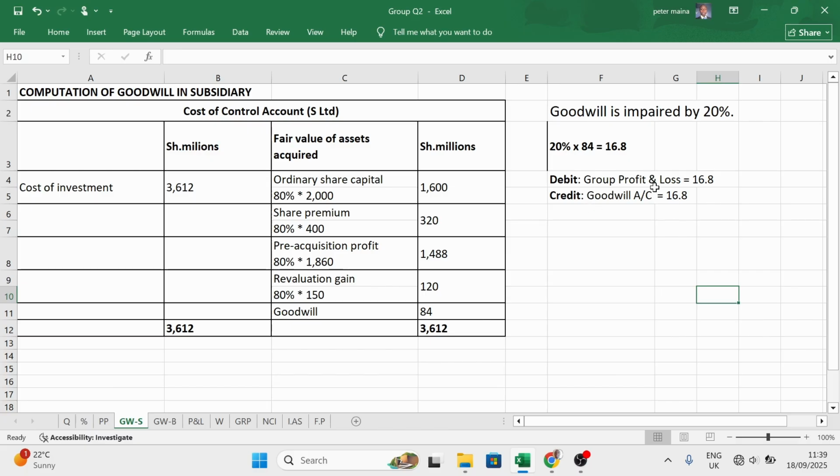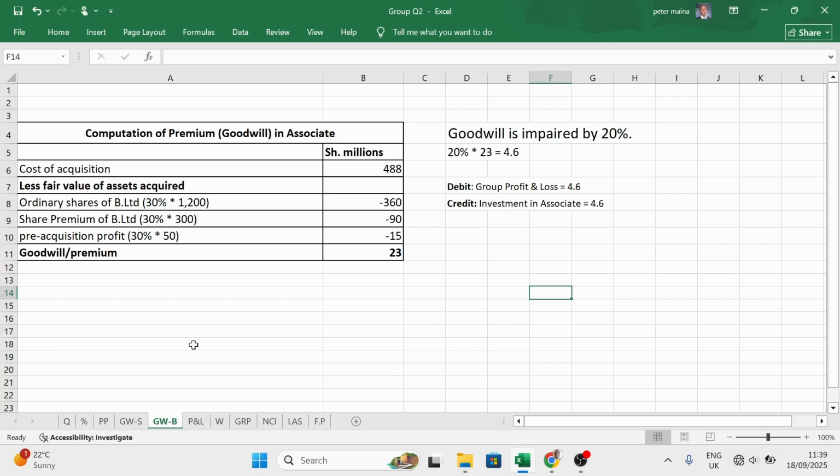And when I say group profit and loss, I'm referring to the retained profit account, because that is where we are going to do the actual adjustments. Credit goodwill account 16.8. So we are going to make these adjustments later on. So after we have the goodwill for subsidiary, let us calculate goodwill for B Limited, that is the associate.